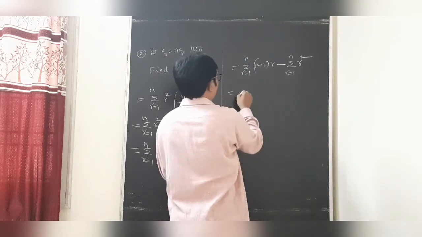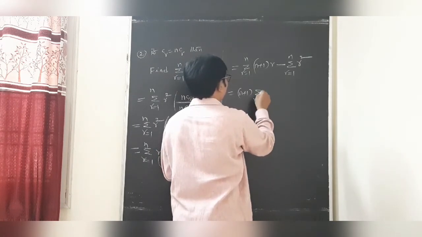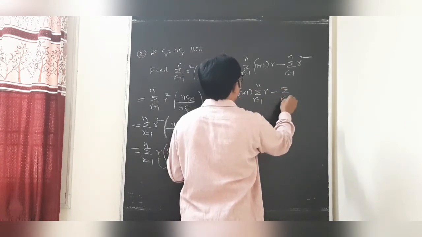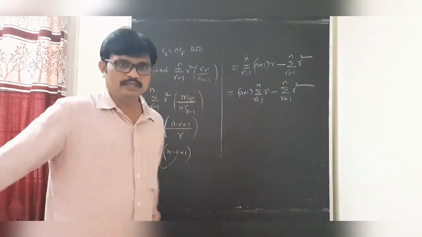So n plus 1 into sigma r minus sigma r square.